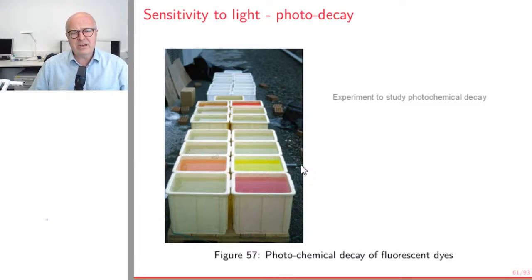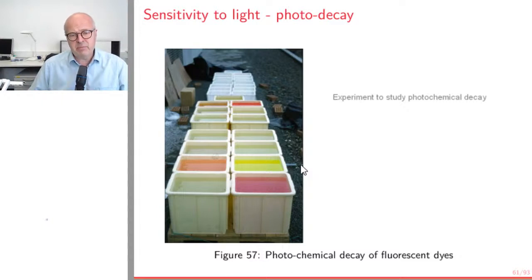So you cannot just expose this to lab light. You need to expose it to exactly the same light that you have in the field because of the typical spectrum of the light. So if you want to do an experiment in a river, you could carry out such an experiment during the tracer experiment.